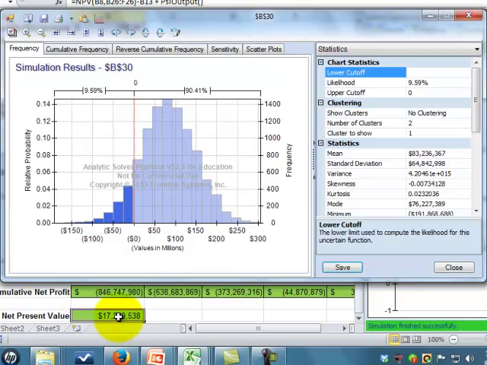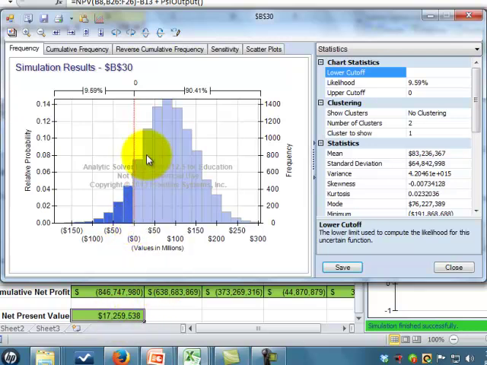Because we have six or seven output variables, the machine's going to give us six or seven graphs because it didn't know which output variable it is. So what I did is I just closed that and then I double clicked on the net present value cell to bring up the graph of what's happening with the net present value.